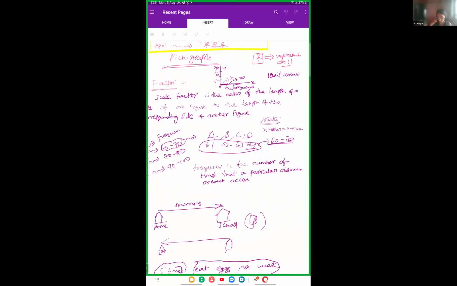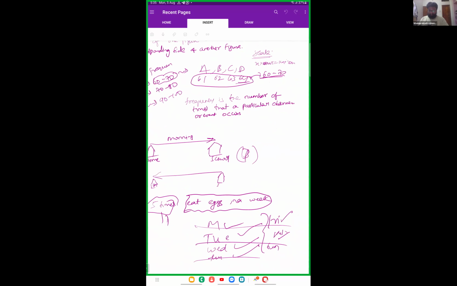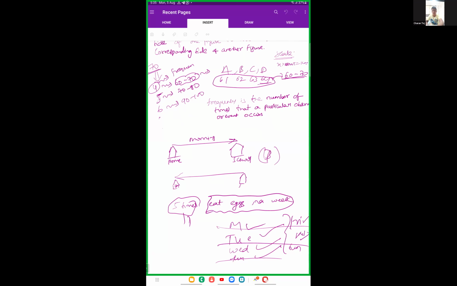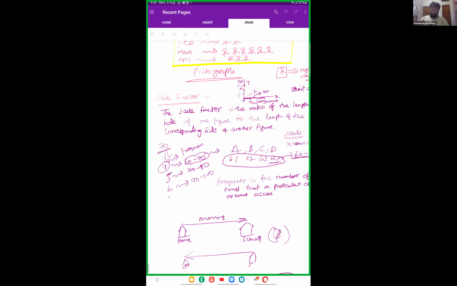Pictograph also we are done. Histograph, sir. Frequency. It's not histo, it's picto. No, you even gave histograph, sir. I explained pictograph. Histograph, sir. Histograph you're talking about. Okay.